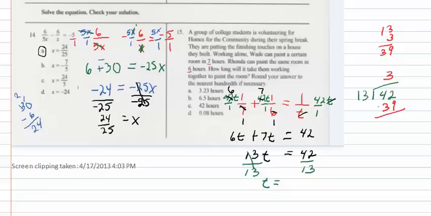Then I'm going to subtract, and this is going to be 3, and I'm going to put a decimal and add a 0, bring the 0 down. 13 will go into 30 2 times, and at this point I'm going to stop and look to see, do I have an answer choice that's the only one that has a 3?